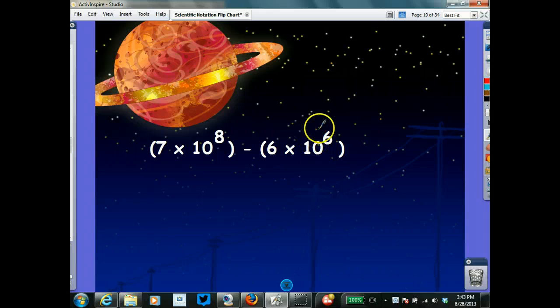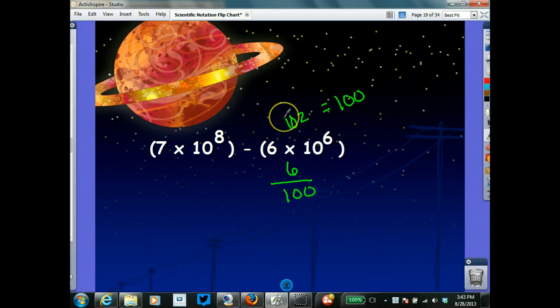I can do this. Between the 6 and the 8, there are 2 spots. Now you have to remember, when you're dealing with times 10, it's like saying 10 to the 2nd power, which equals 100. In this case, this is the one I'm changing. So I can say 6 divided by 100 because it's 2 spots.